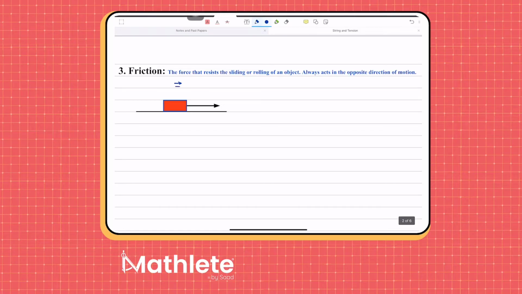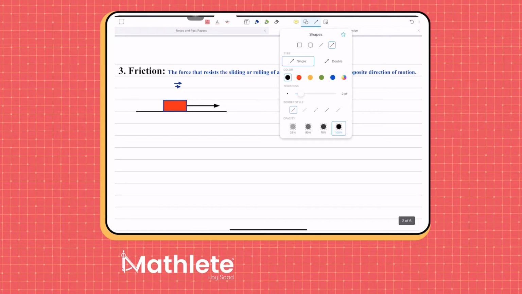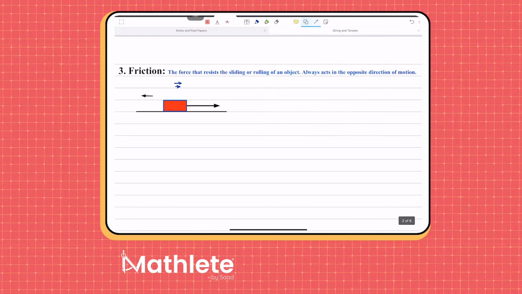In that case, where will friction act? Friction will be the force acting in the direction opposite to the motion of the object. So this is the direction in which the frictional force must be acting. And where must the weight be acting? Weight must be acting downwards. What about the normal contact force? Upwards.